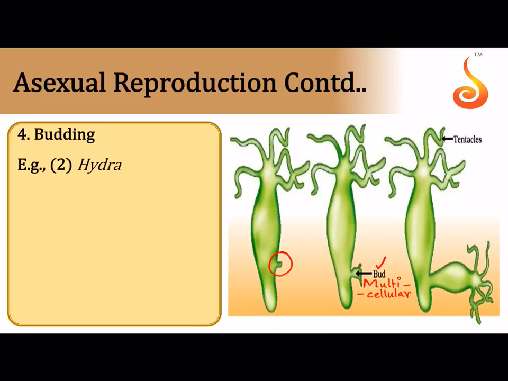It develops all the bodily features, and then see how huge the bud has become. Ultimately, the bud gets severed off, cut off from the parent, and it starts leading an independent existence. It grows into an adult, which is again capable of reproduction. So this is the type of budding that we see in multicellular organisms, such as hydra. Hydra belongs to phylum Coelenterata.